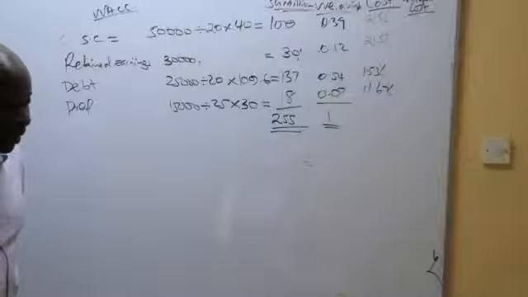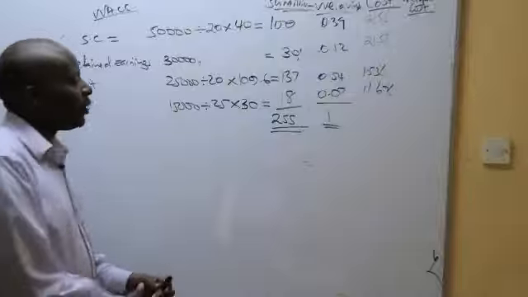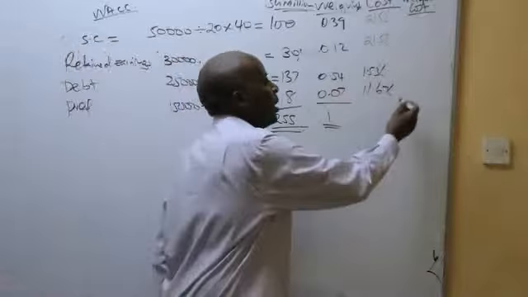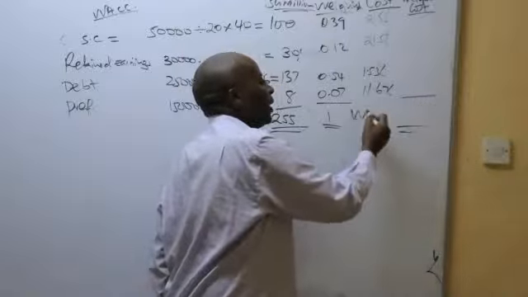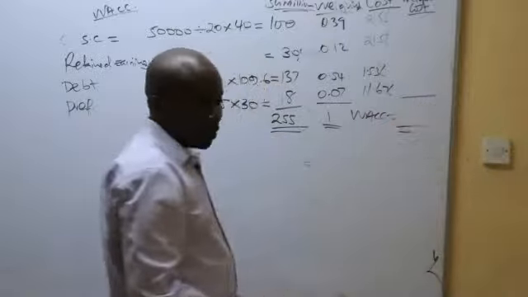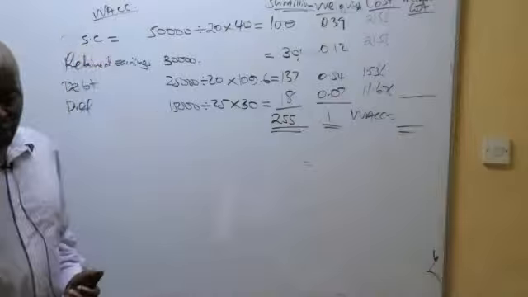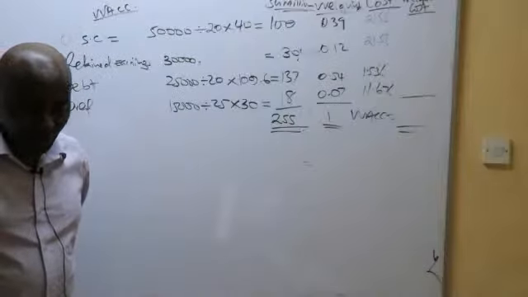I don't have a calculator. Can somebody give me these figures very fast? And if possible, add all of them for us to give us the WACC.